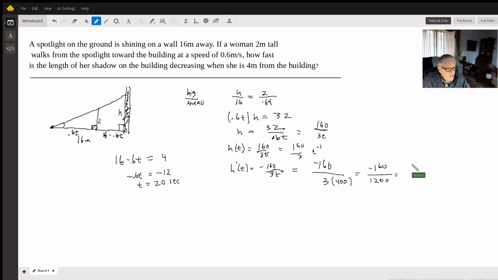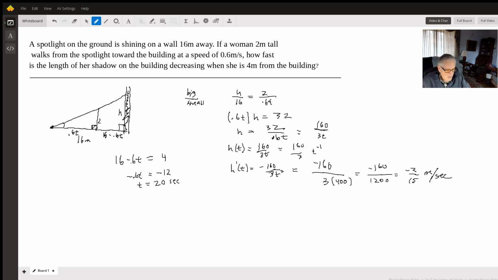So it's negative 2 over 15 meters per second. That's how fast the height of the shadow is changing.